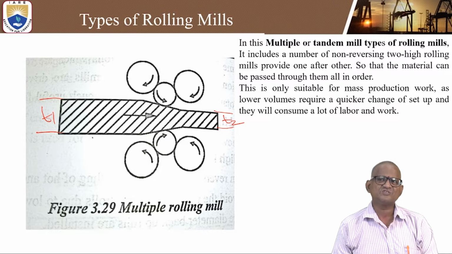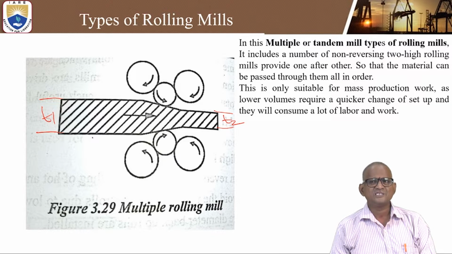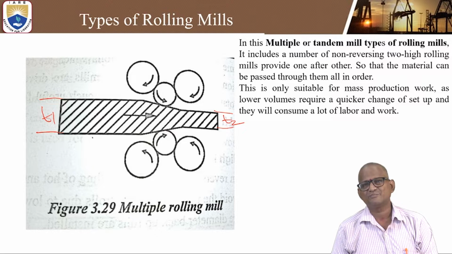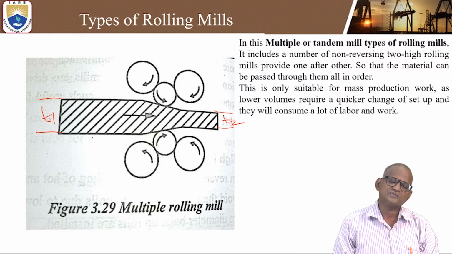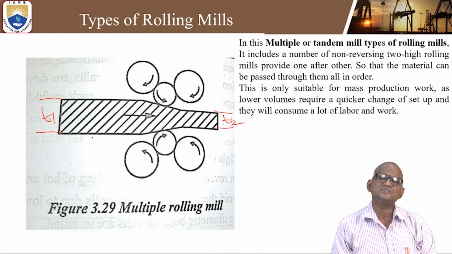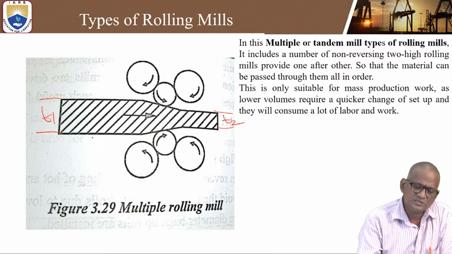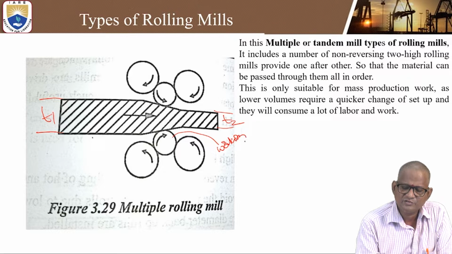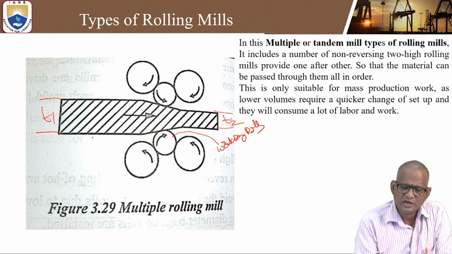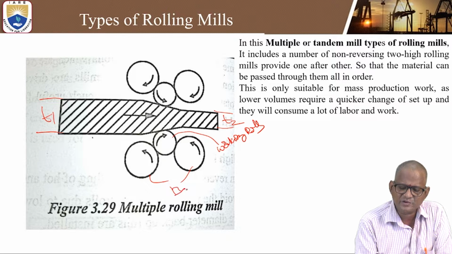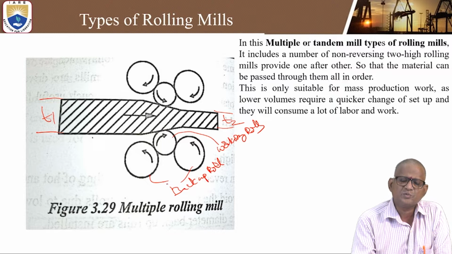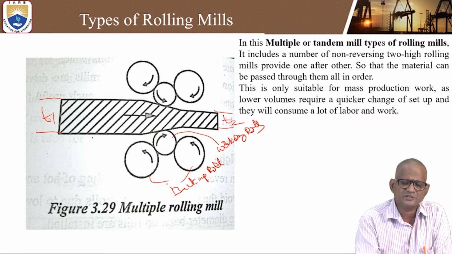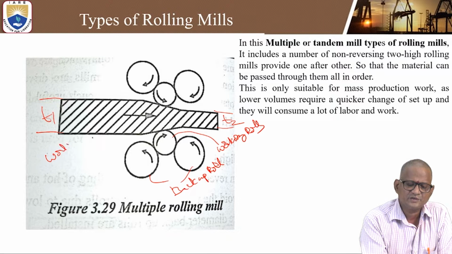Okay, so it is a very quick change of the setup, and this will consume a lot of labor work, because to keep the rollers above the working rollers, these are also called backup rollers and supporting rollers. So this is called the working rolls, and this is called the backup roll or supporting roll. This is the workpiece.